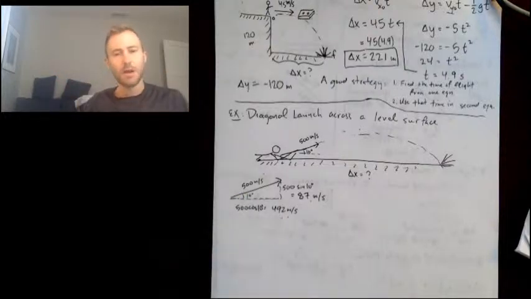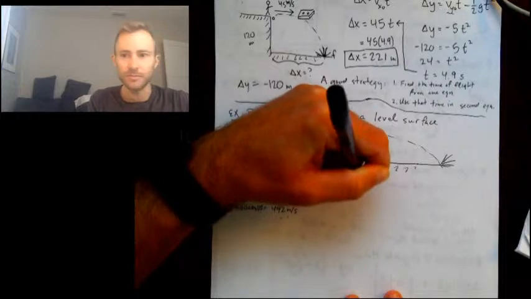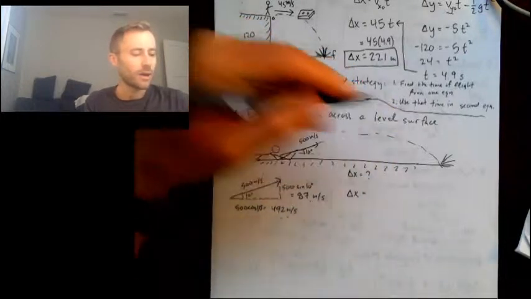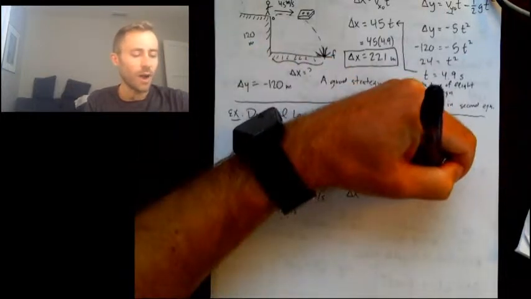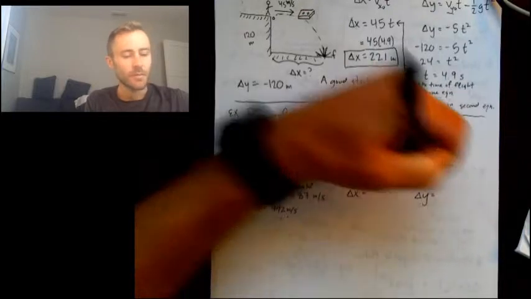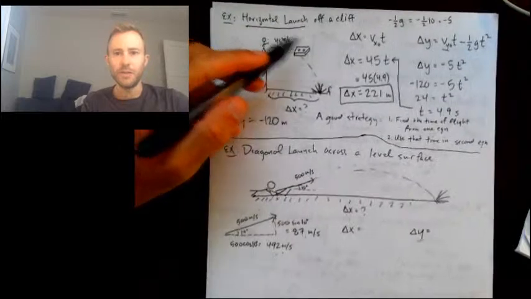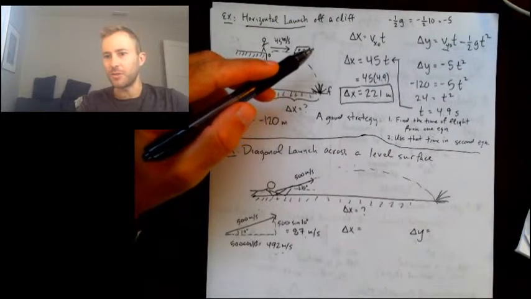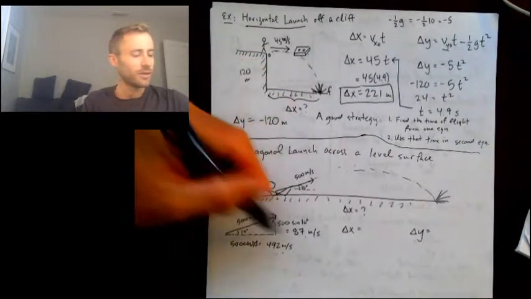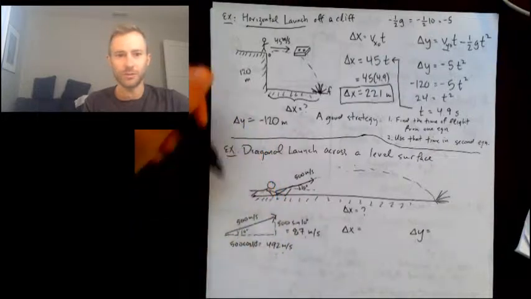Okay? So now I go to my delta x equation and my delta y equation. Exactly, the Pythagorean theorem is how you would check: 87 squared plus 492 squared equals 500 squared.